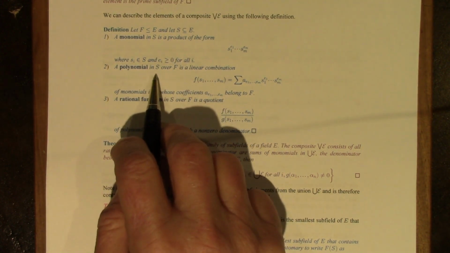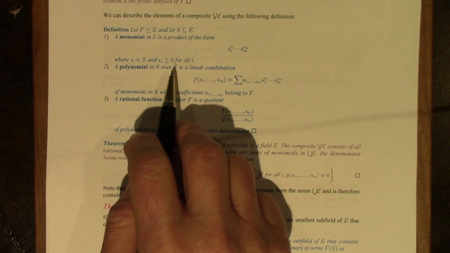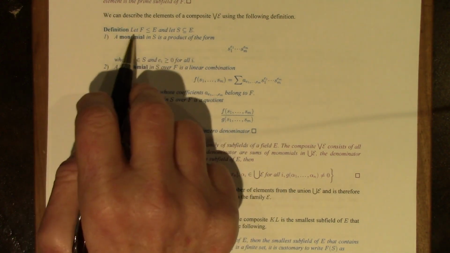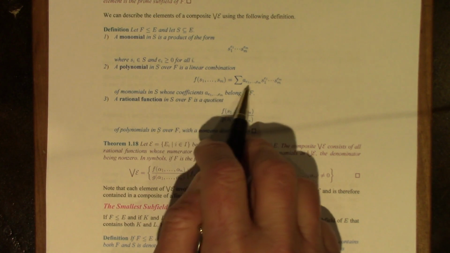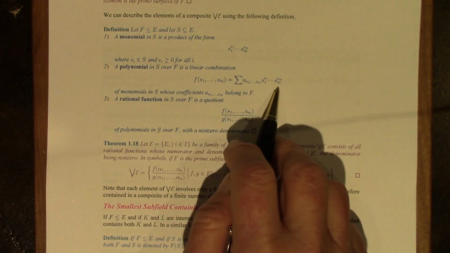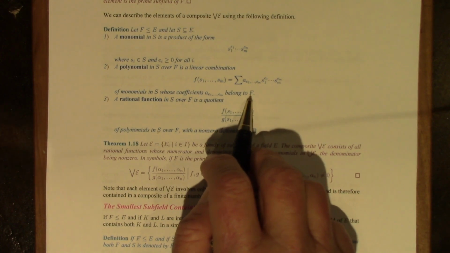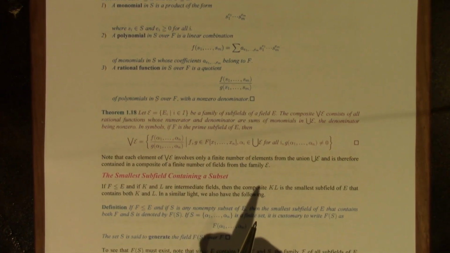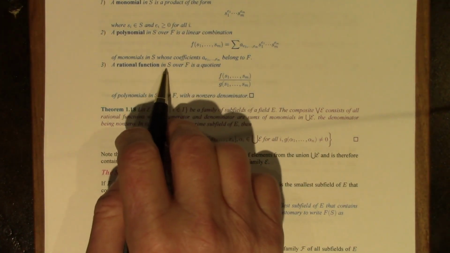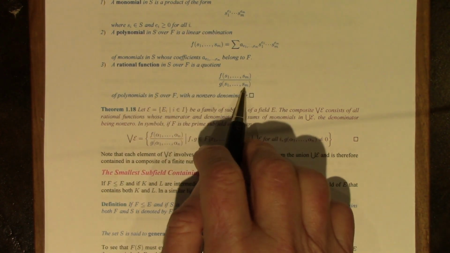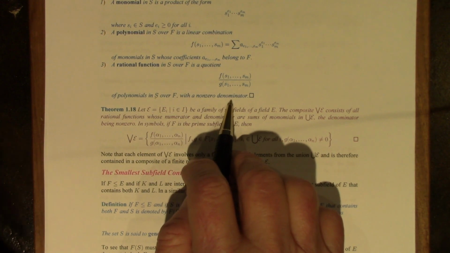A polynomial in S over F, that's the smaller field, is a linear combination of monomials with coefficients belonging to F. A rational function in S over F is a quotient of polynomials, where of course the denominator is non-zero.